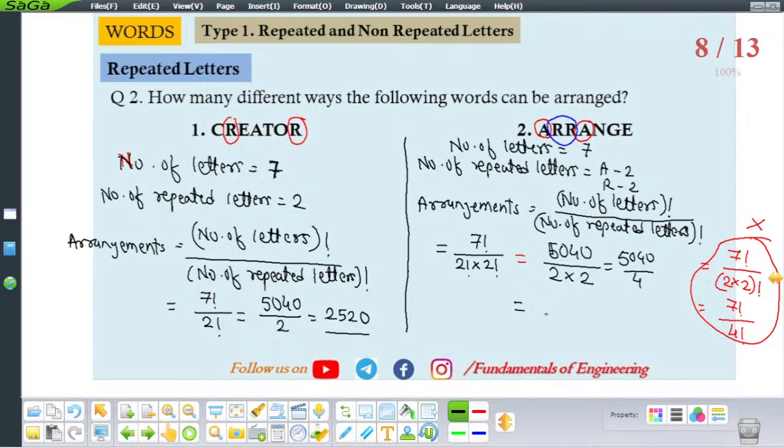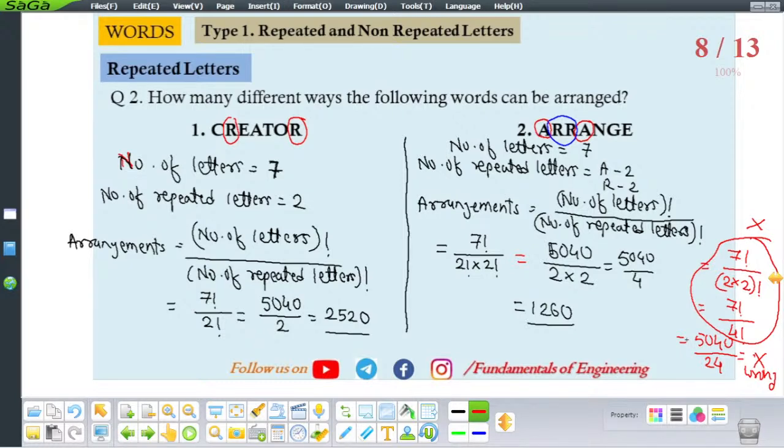But if you solve it using this other technique, you will get a different answer: 7 factorial value is 5040 upon 4 factorial value. 4 factorial value is 24, and this will be the wrong answer. And in the GATE exam, whatever way we solve the question, the answers will be based on that.